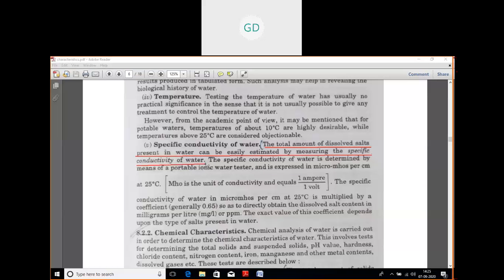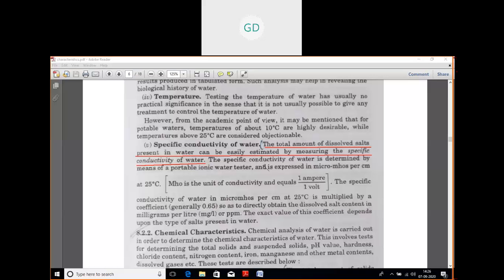That means specific conductivity of water will directly give you the amount of salinity, how saline the water is. How much dissolved salt there is will be measured by knowing the specific conductivity of your water.